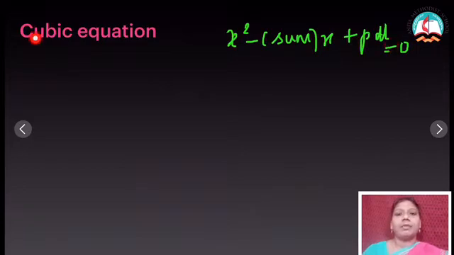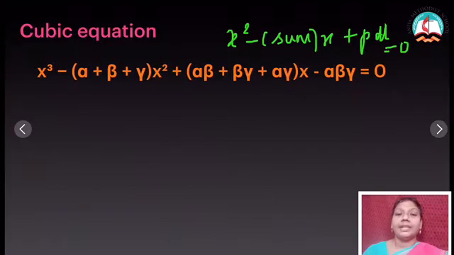Like this, we are going to form a cubic equation. If I am forming a cubic equation, I will get 3 roots. Therefore, the first one is the sum of the roots, so I am adding all the 3 roots. Then what is the next one? Product of the roots. Here, with only 2 roots, the product is alpha beta. But here I have 3 roots, therefore I have to take products of 2 values.